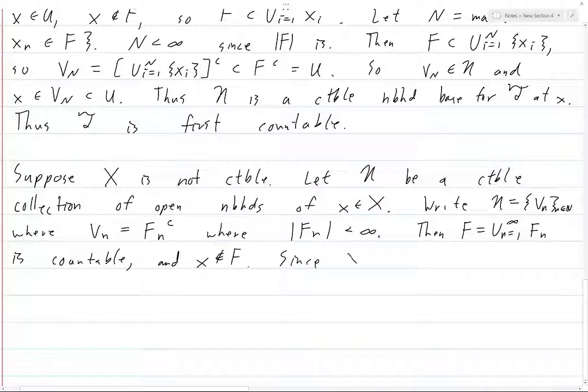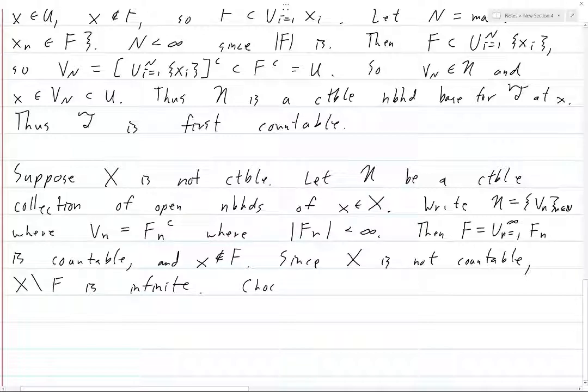Since X is not countable, the set X minus F is infinite, because F is countable and X is uncountable, so it's not finite, so it's infinite.